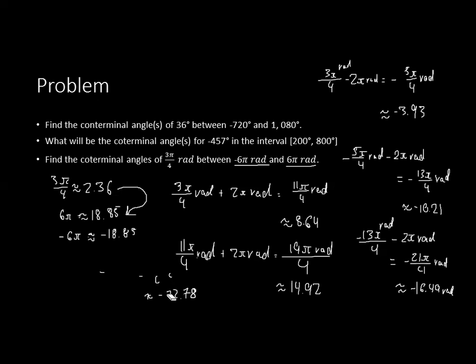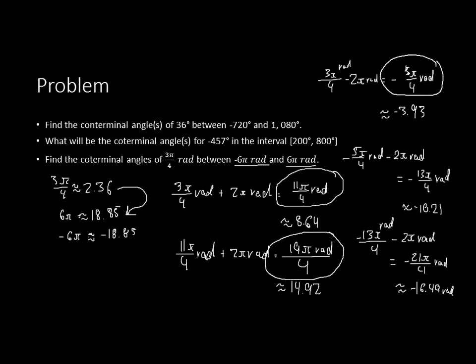So now what's left? We have three answers: 11 pi all over 4 radians, 19 pi all over 4 radians, and negative 5 pi all over 4 radians, negative 13 pi all over 4 radians, and negative 21 pi all over 4 radians.